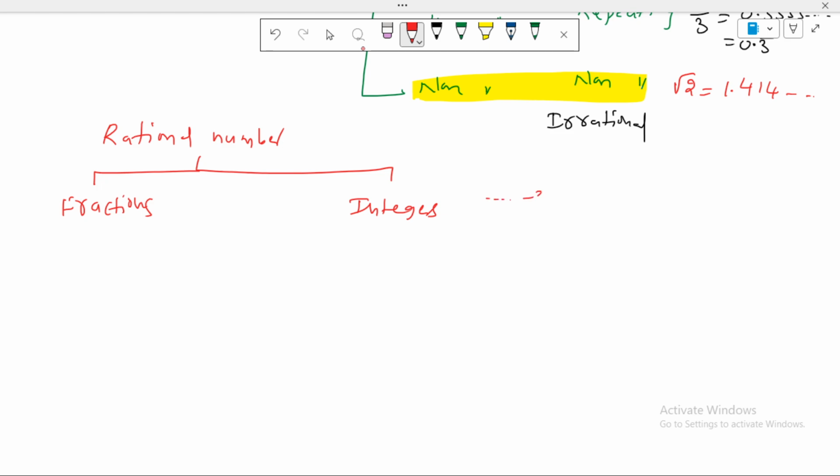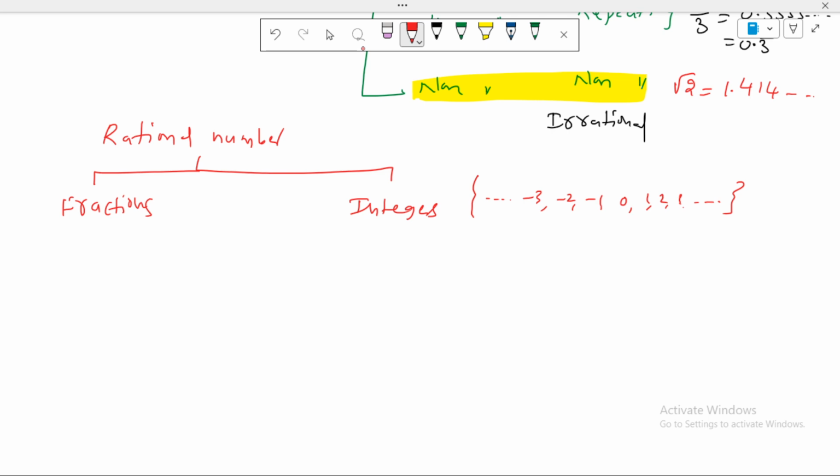Integers means all the negative numbers and all the positive numbers, including 0. Remember, 0 is neither positive nor negative. I hope you understood regarding integers.